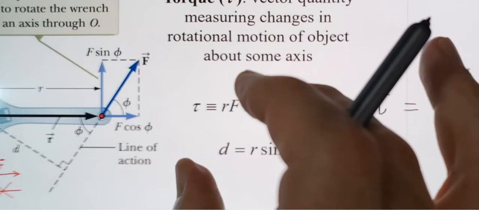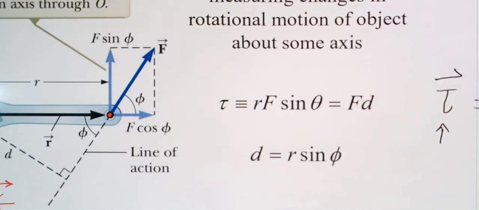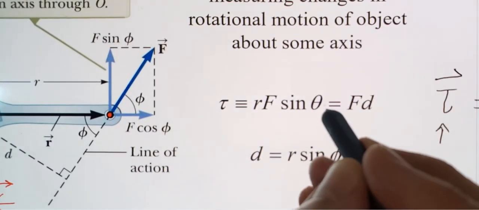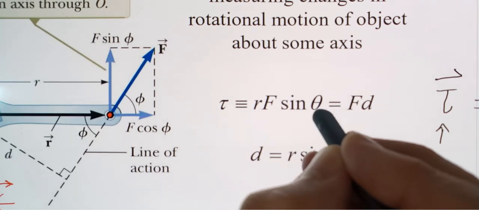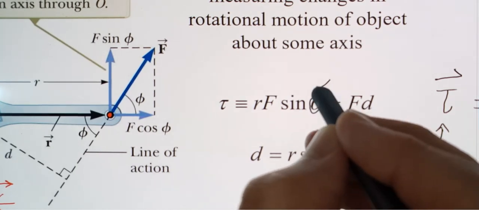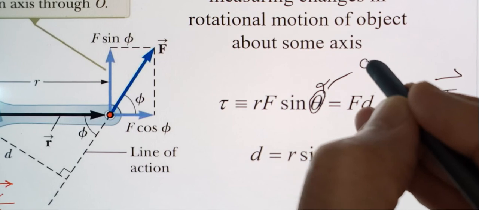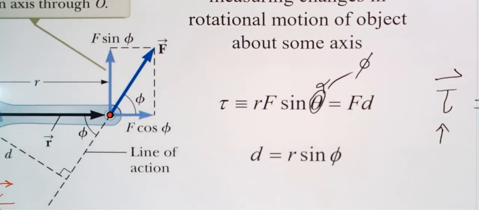So here in this drawing, first of all, we don't have theta. This is phi. There is no theta here in the diagram.